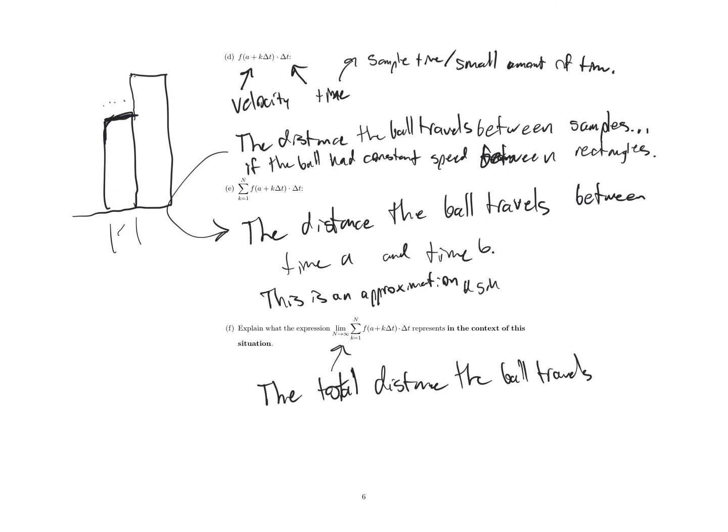I should say this is an approximation using n samples. It's how many points we use. Well, n plus one samples. Not a big deal. The total distance the ball travels between time A and time B.